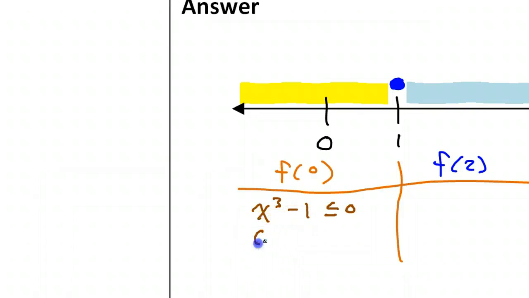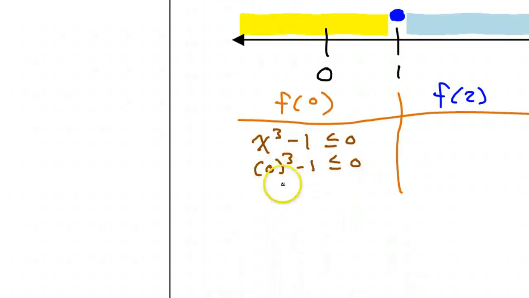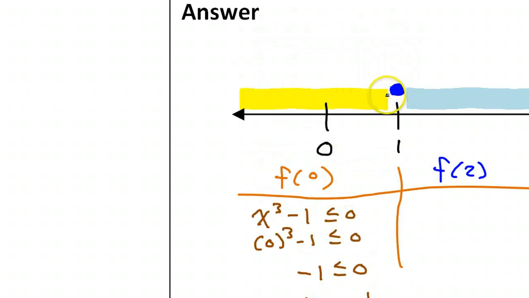That would make this 0 to the third power minus 1 is less than or equal to 0. 0 to the third power is just 0, so that just makes negative 1 is less than or equal to 0. Is this true? Yes. Negative 1 is less than or equal to 0. That means 0 is a solution, which means all of these yellow values are solutions. I will show that by drawing an arrow representing all of those yellow values. So we have solutions on the left.